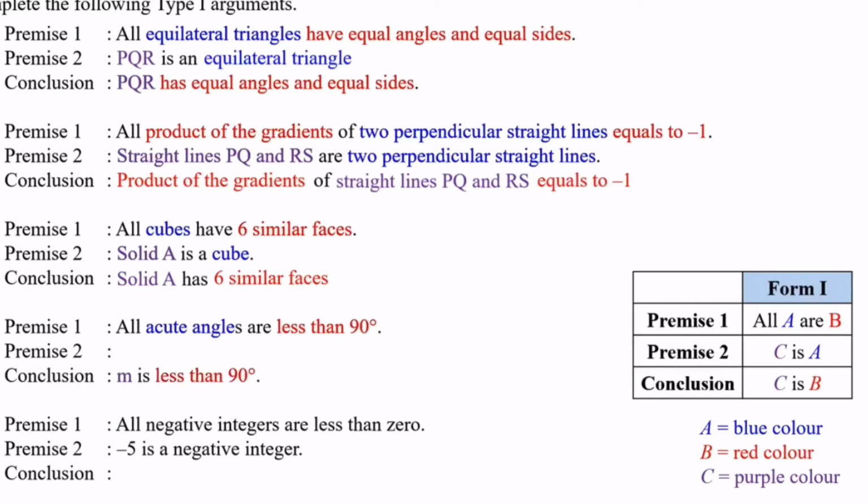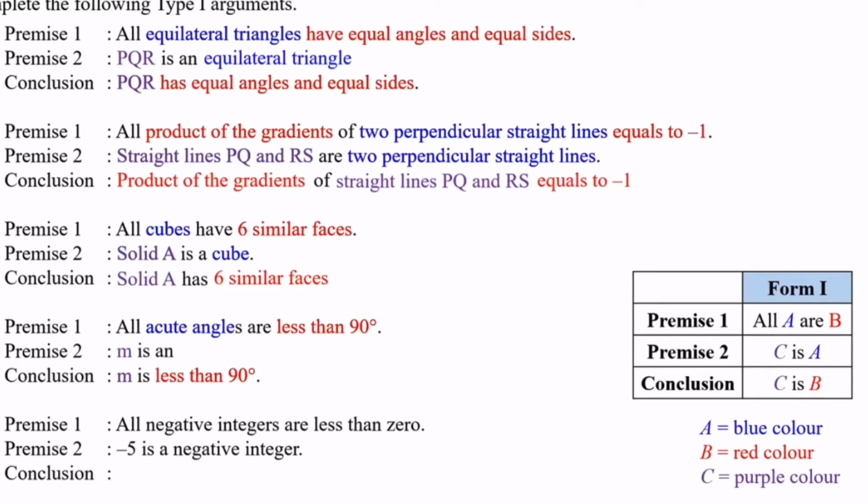So let's form premise 2. For premise 2, we copy the M in purple color, and then we copy the blue one, because looking at premise 2, purple is matched with the blue statement A. So the answer is M is an acute angle.